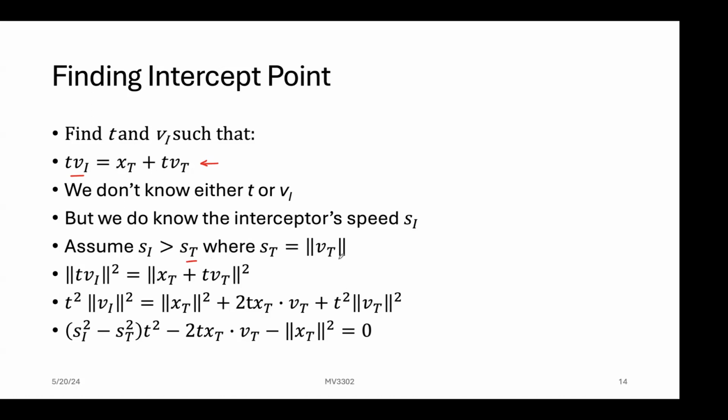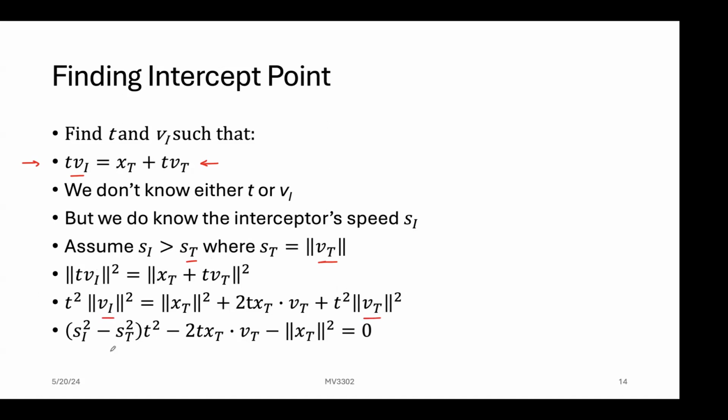So this is the speed of the target, and that's going to be the magnitude of the velocity. And so from this equation, if we take the magnitude of both sides and square it, and then expand it all out, remembering the binomial rule for vectors here, we now have the fact that the magnitude of our velocities is simply our speed.